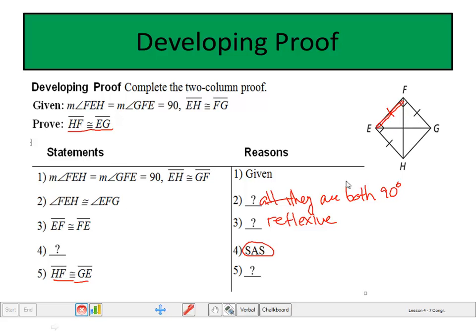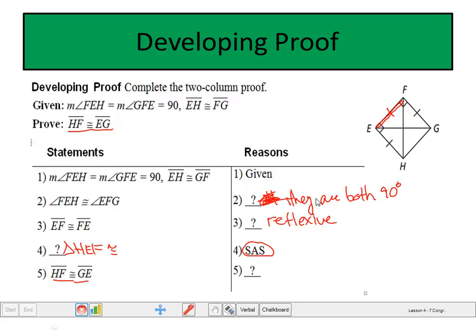Now it says we're using side angle side. Can you guys see a side angle side anywhere in here? There you go. Triangle HEF is side angle side. What triangle would it be congruent to? Nope. Number 2, they're both 90. Sorry.